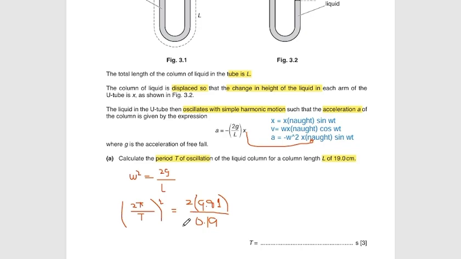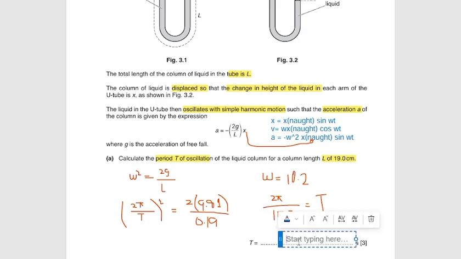So if we do that, we get omega as 10.2, and since omega is 2 pi by T, 2 pi over 10.2 is equals to capital T, and that gives you 0.61599, which you can write as 0.62. So your answer is 0.6.